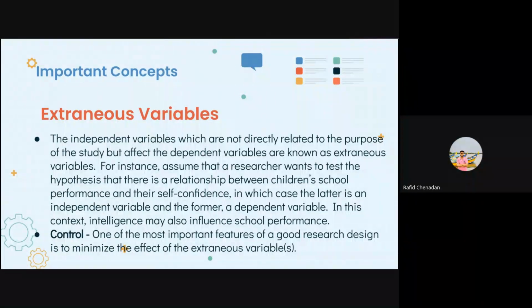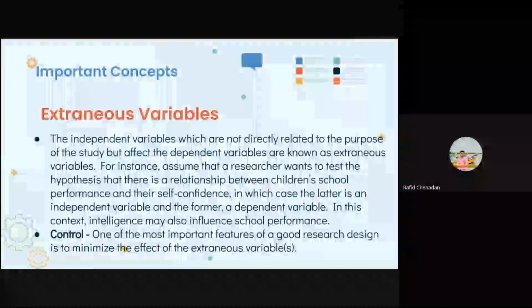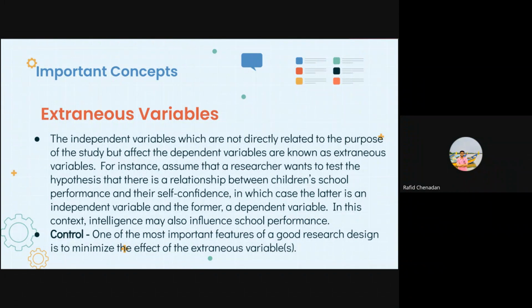Though it is a variable, though it has some effect on the study, it's an extra variable. It's outside the scope of your study. And when we put a control on the study, what we do is that we design the research in a specific way so that the extra variables have very little impact on the study. So a good study is always something that removes the relevance of the extra variables.